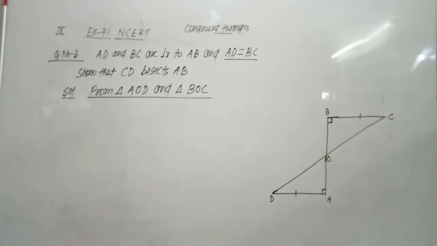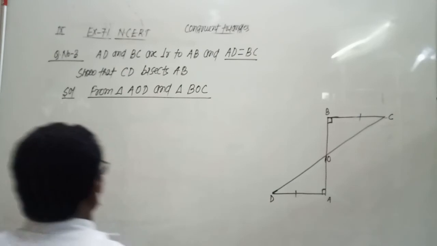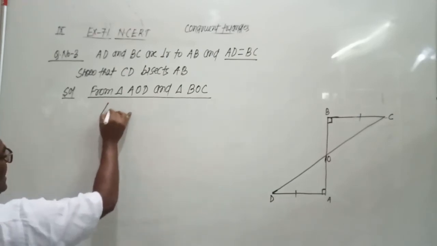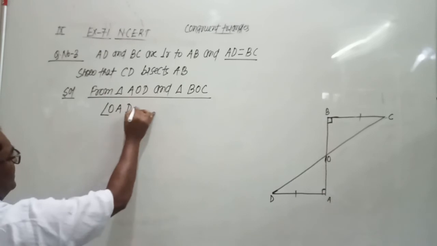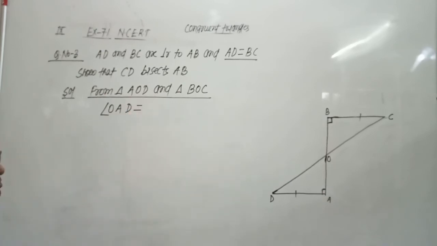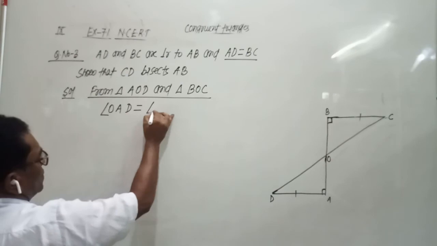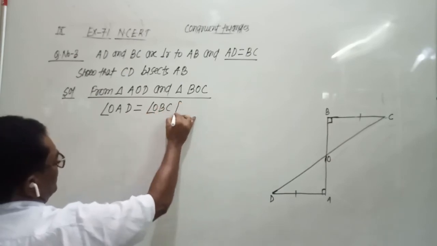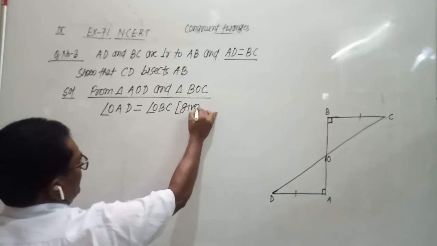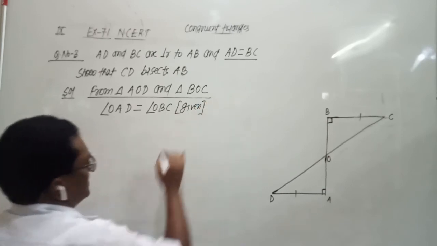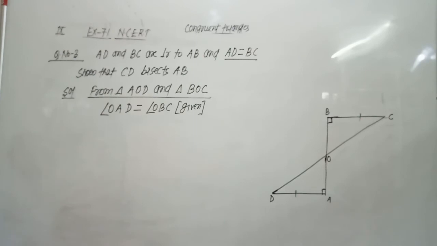So angle OAD equals angle OBC, given, each 90 degrees.